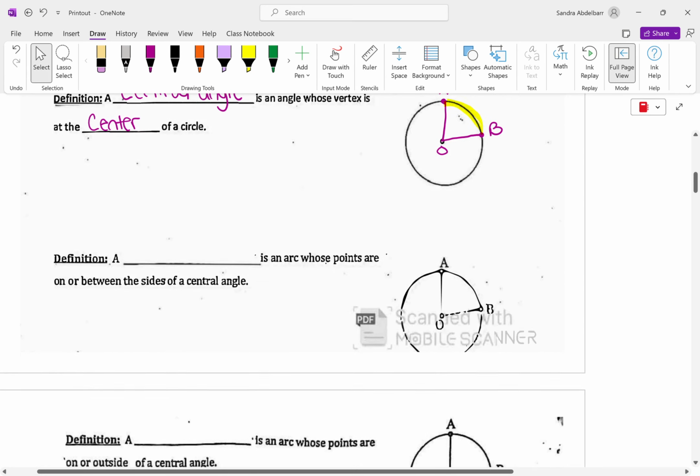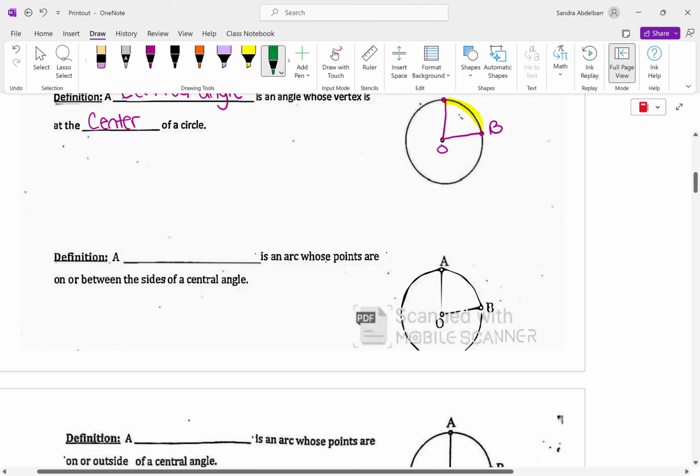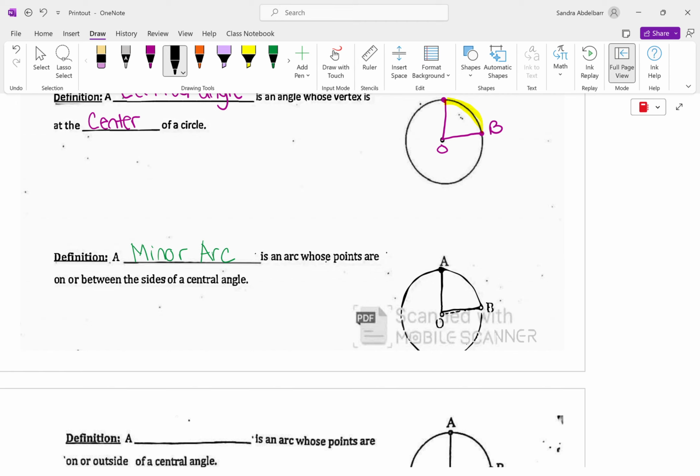All right, a minor arc is an arc whose points are on or between the sides of a central angle. So here, I don't know if you guys see it or if it got cut off for you. We have central angle AOB, and it intercepts arc AB.